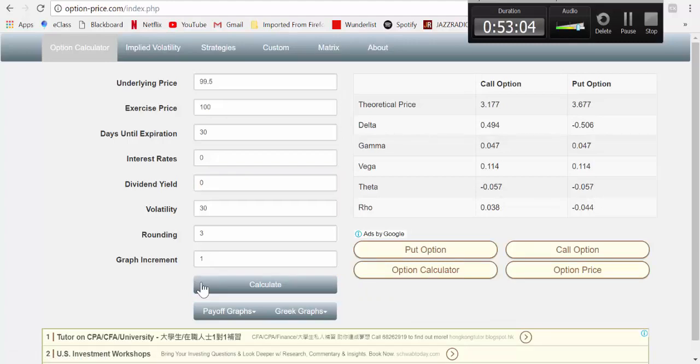Now have a look at this screen on top. I have an option where the exercise price is 100, and the underlying right now is around 99.5. Just imagine for a moment you are long the call and you are long the put.